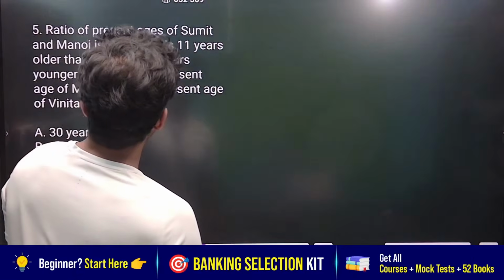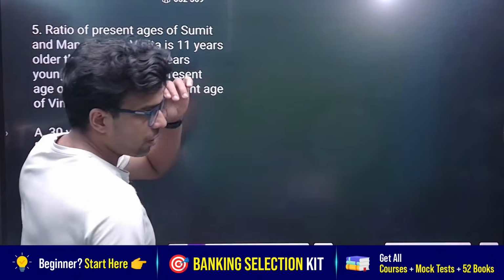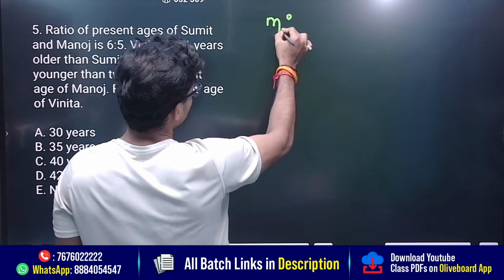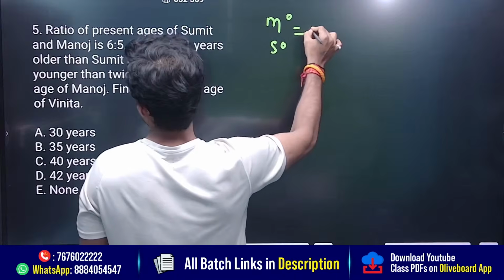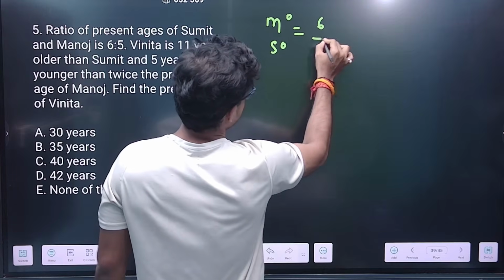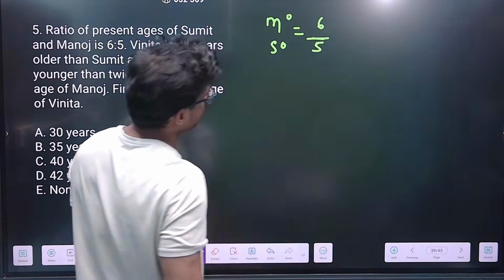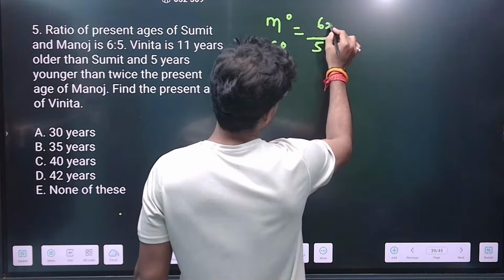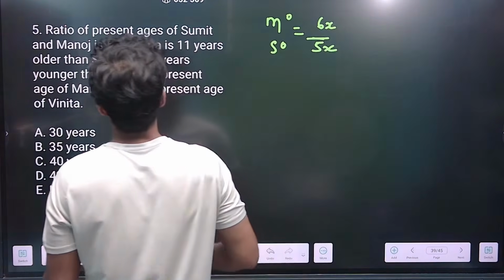So ratio of present ages of Sumit and Manoj. Manoj and Sumit's present ages are basically in the ratio 6 to 5. So I would take 6x and 5x. That would make sense.